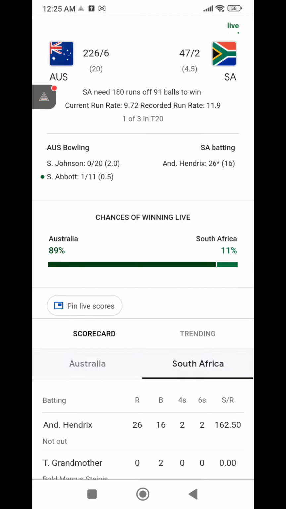Runs off 91 balls to win. Current run rate is 9.72 and required run rate is 11.9. So 47 for the loss of 2 wickets in 4.5 overs.